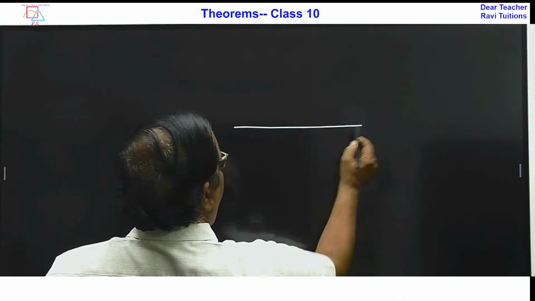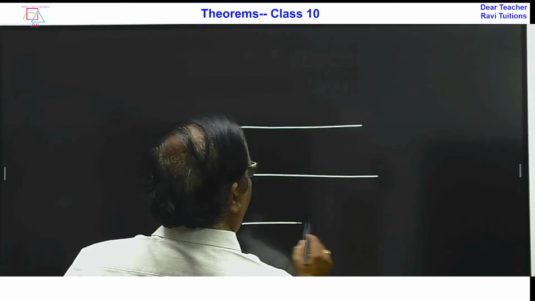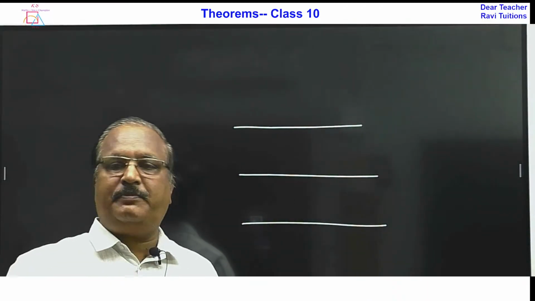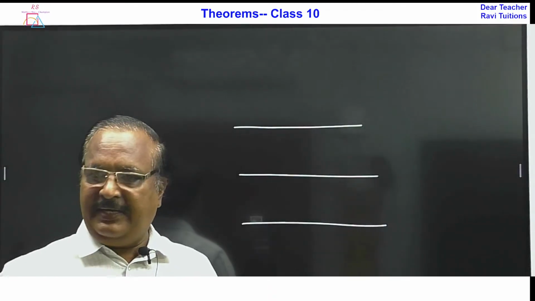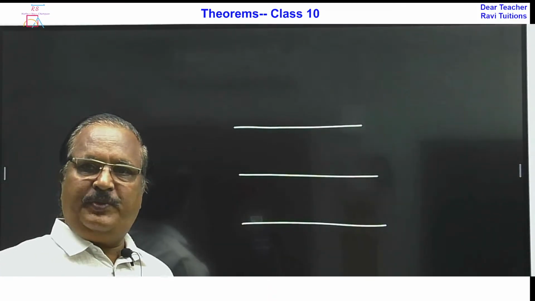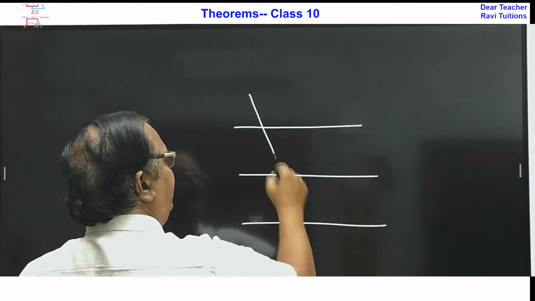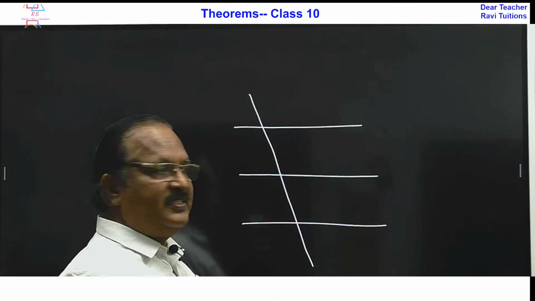which is very very important. Three parallel lines are there. This is also a concept on basic proportionality theorem. I am just giving you what is there on the basic proportionality theorem. So now these three are parallel lines. Transversal.